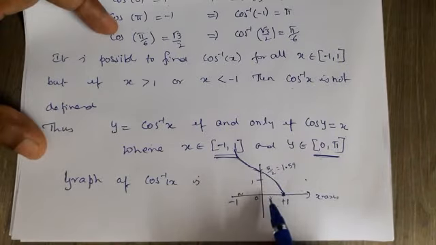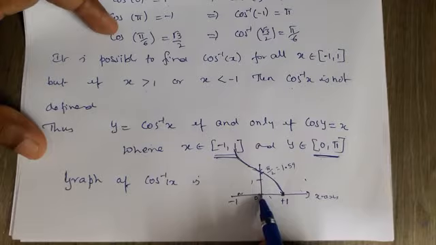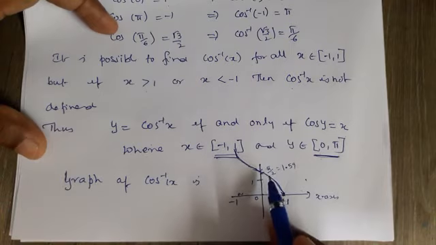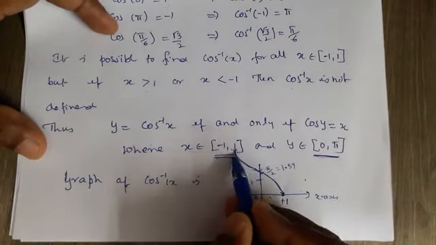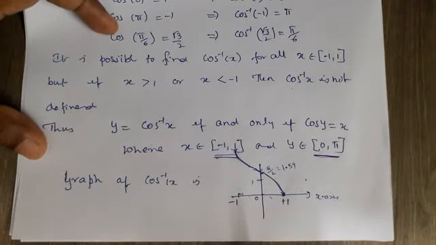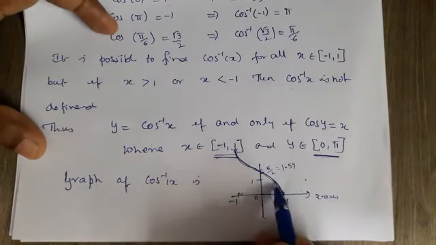Cos inverse of 0 is equal to pi by 2. Similarly, cos inverse of minus 1 by 2 is equal to pi minus pi by 3, and cos inverse of minus 1 is equal to pi. Finally, the graph of the function is like this.